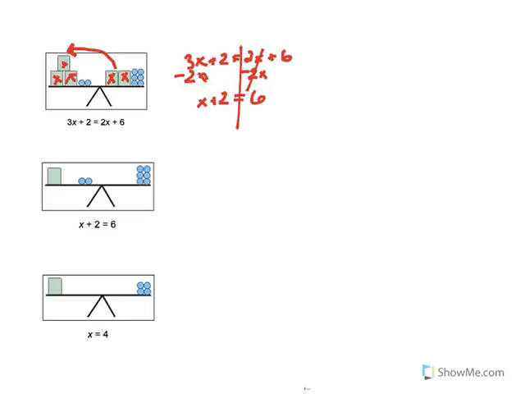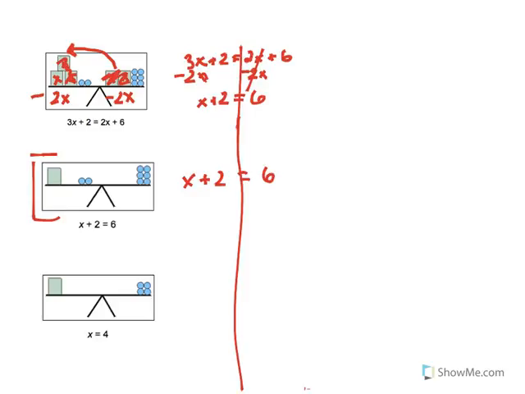So now I have an equation that looks like this. X plus 2 equals 6, right? These 2 are gone, and these 2 are gone. And I'm left with 1 x here, and then the dots here.